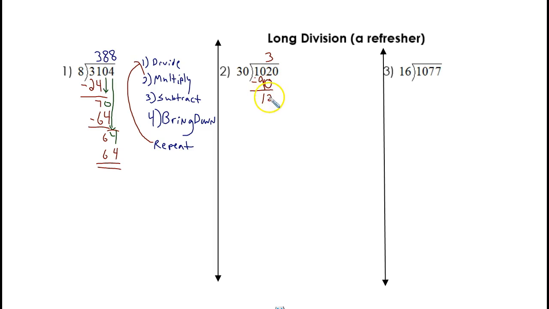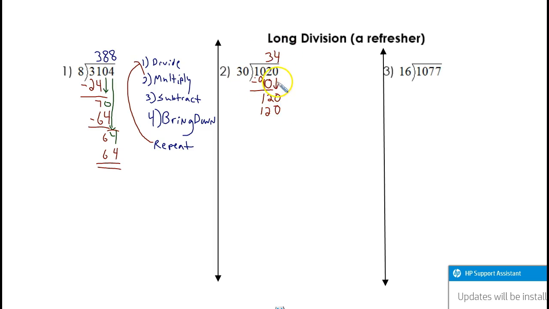2 minus 0 is 2, and 10 minus 9 is 1. This number has to be smaller than 30 or I've made a mistake, and it is. 30 doesn't go into 12, but remember you have to bring down the next number, which is a 0. Then you ask yourself, how many times does 30 go into 120? 3 goes into 12 4 times, so 30 goes into 120 probably 4 times. 4 times 0 is 0. 4 times 3 is 12.